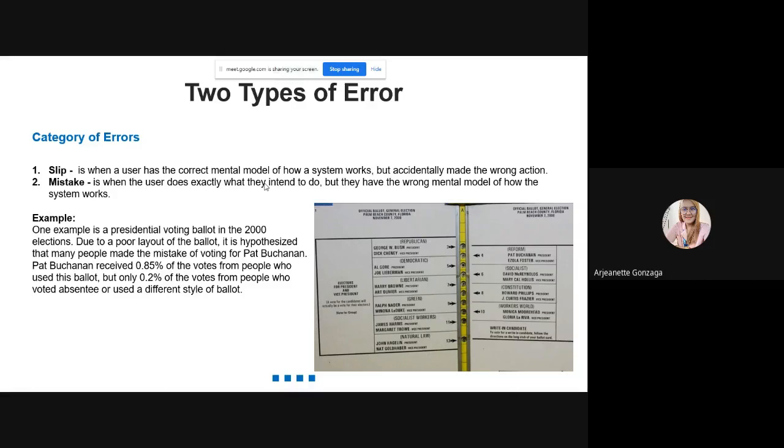So one of the examples also is the presidential voting ballot noong 2000 election. So, due to poor layout of the ballot, it is hypothesized that many people made the mistake of voting for Pat Buchanan.